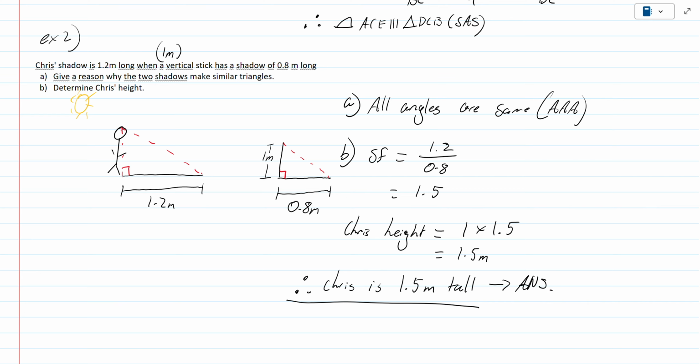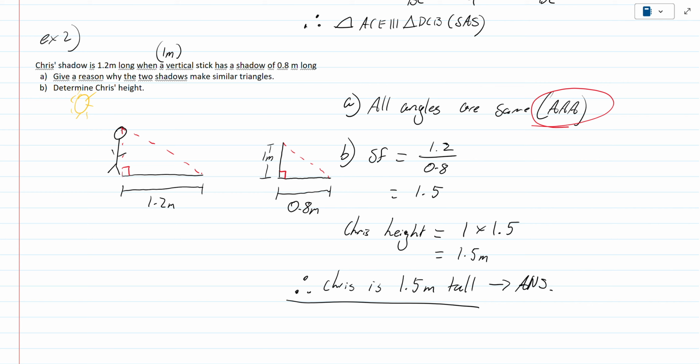This one's a little tricky, a little hard to get your head around. All angles are the same, but essentially because they make similar triangles, and the question is telling you they make similar triangles, you just need to say why. The shadows are falling in the same direction. The height of the stick is a scale factor of Chris's height. The lengths of the shadows are scale factors of each other. Therefore, there's a relationship with all angles in the triangle.